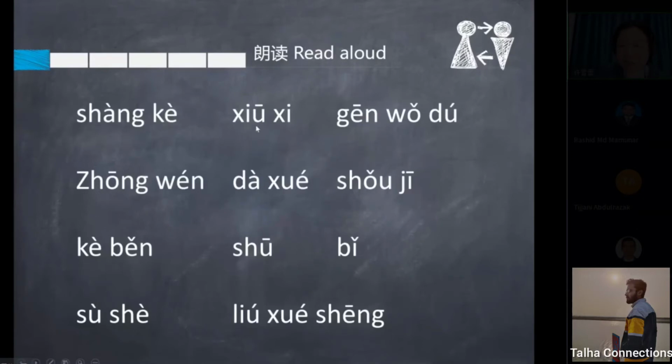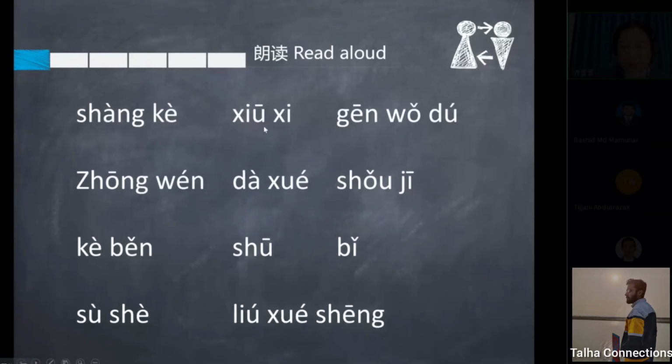休息，休息. Now, for this one, you may notice that there's no tone mark for this syllable. It is called neutral tone. When we read neutral tones, we just read it quite quickly, lightly, and swiftly.